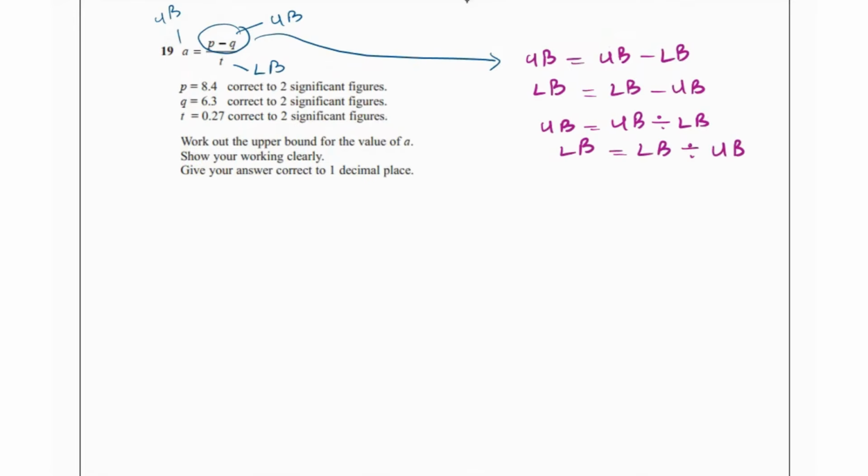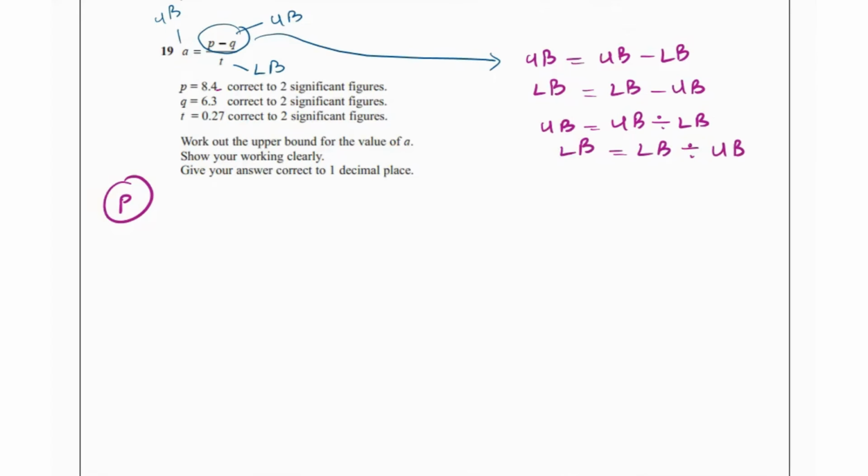So let's first start with finding the upper bound and lower bound for each of these. For P, we need to find the upper bound. P is 8.4 correct to two significant figures. When it's correct to some significant figures, you need to see what the second significant figure is. In this case, it's correct to two significant figures, and the second significant figure is 4.